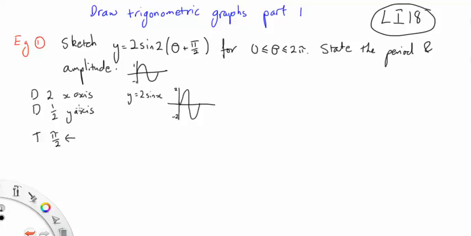Alright, dilation by a factor of half from the y-axis. What does that mean? Here's the y-axis. We're going from the y-axis, but it's by a factor of half, which means we're getting closer.